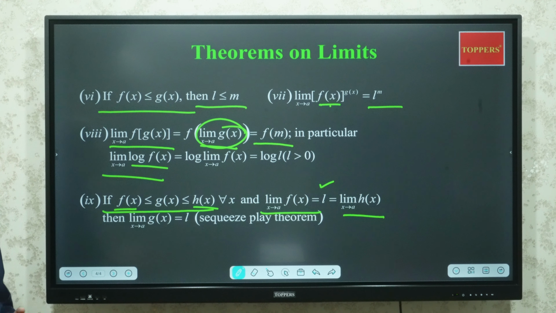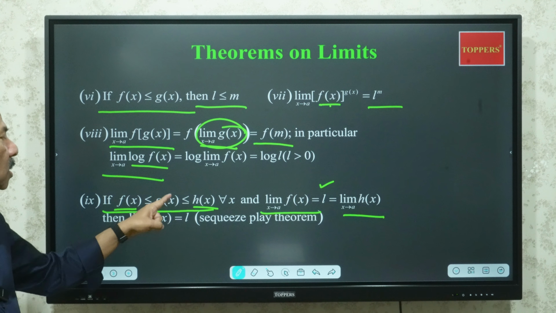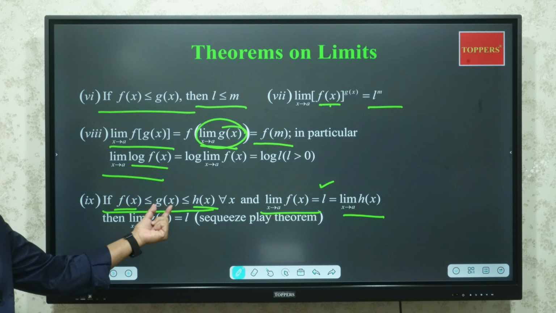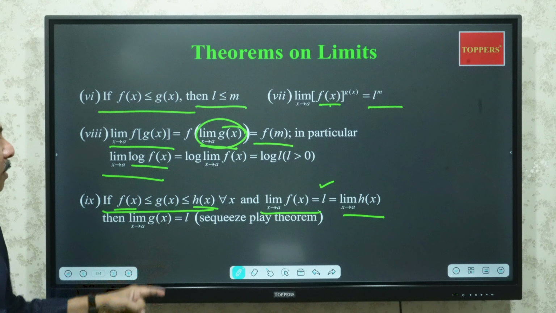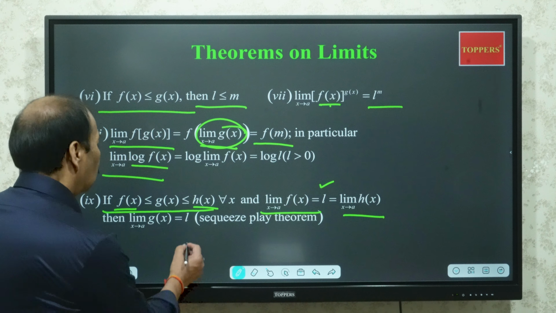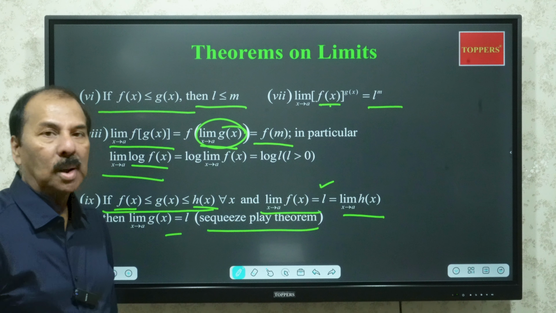If both are the same, then even though there is an inequality here, the limiting value of the function g of x will be the same as the limiting value of f of x or h of x, and that will be equal to L. This is termed the squeeze-play theorem.